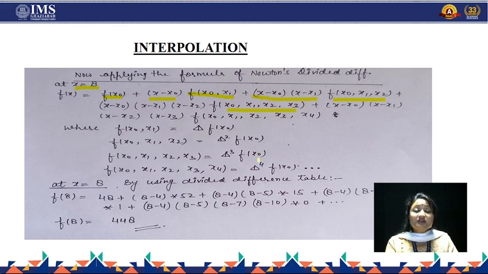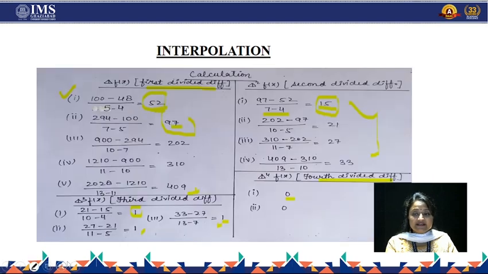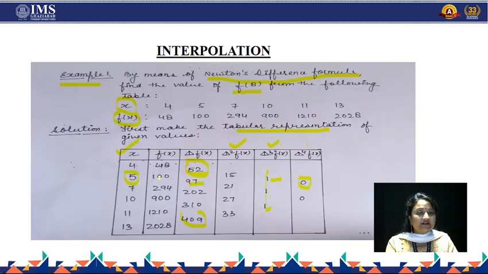But how many terms will we use? We get this from our tabular representation. We have only up to the third divided difference, so it is mandatory to use the formula up to the third divided difference, which I am going to highlight.